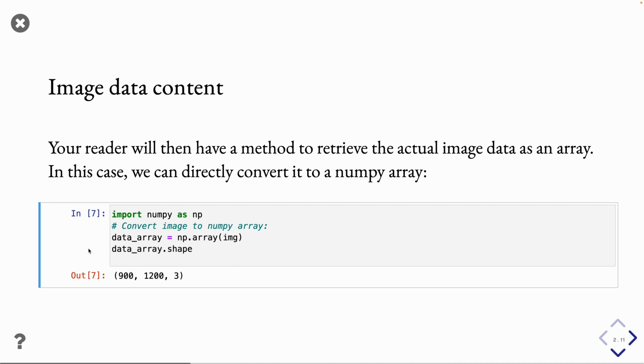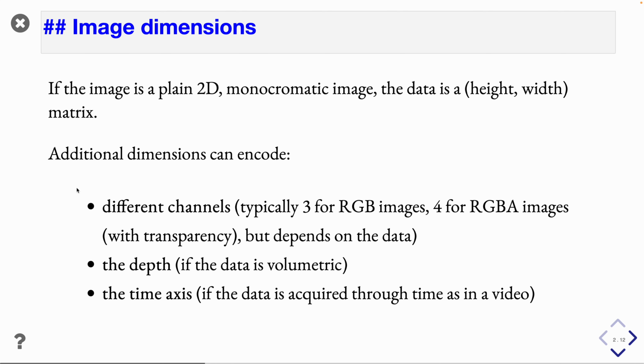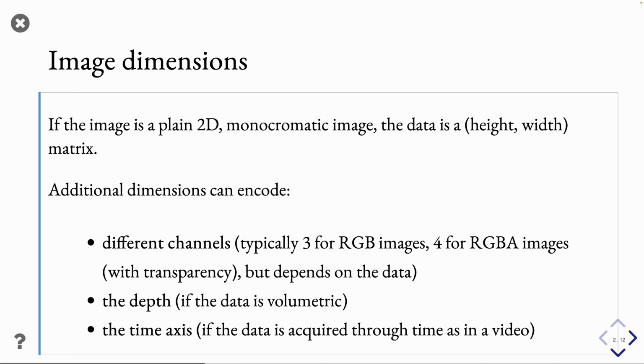So in general, if an image is a plain 2-dimensional and monochromatic image, the data is a 2-dimensional matrix, height and width. But we will have additional dimensions if we have a colored image. For an RGB image it's just 3 values.